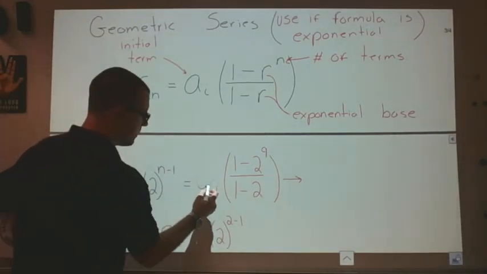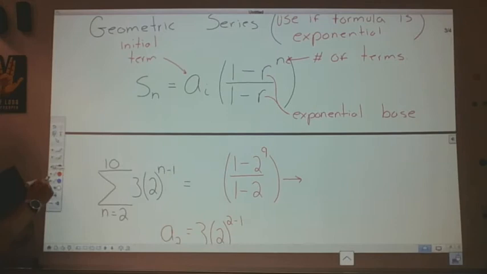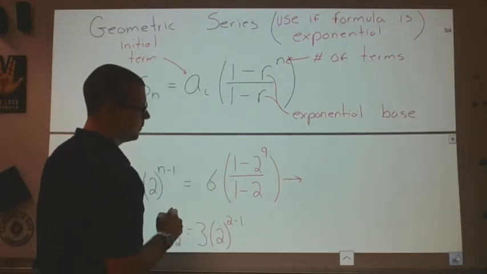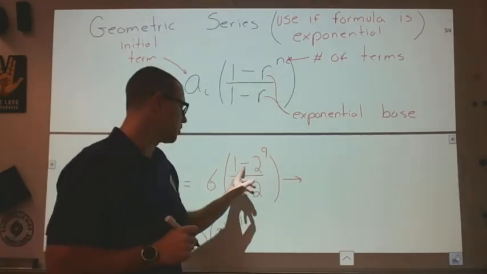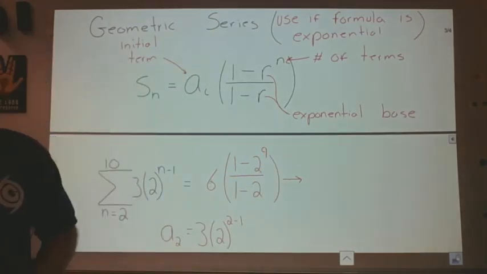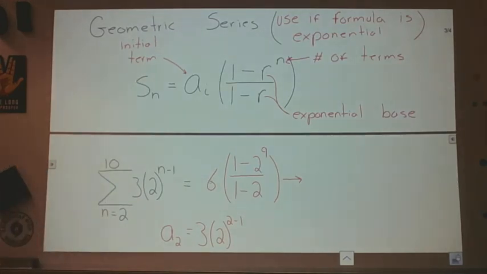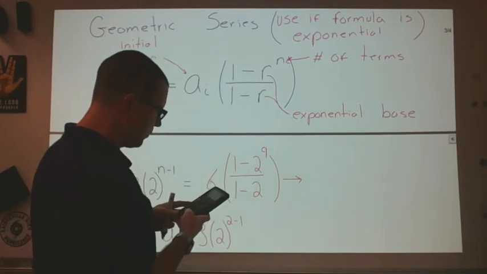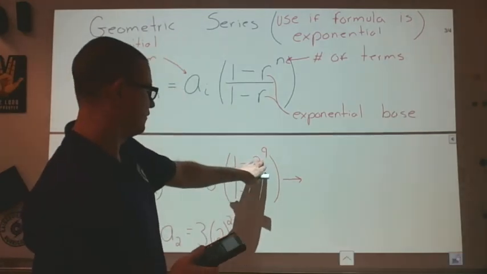So we could get rid of that and write in 6. Be careful. Exponents come first. Don't do that subtraction and then raise it to the power. It's 2 to the 9th taken away from 1. So we're going to do 2 to the 9th power, which is 512.